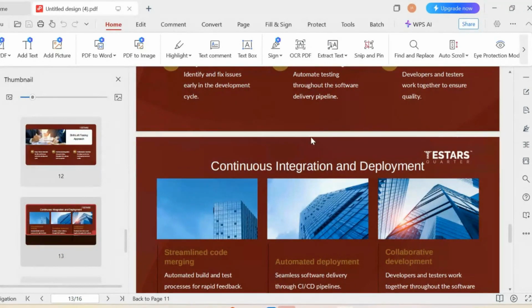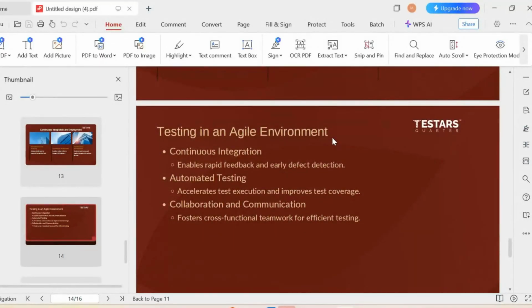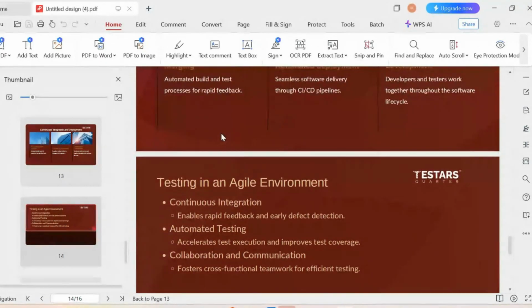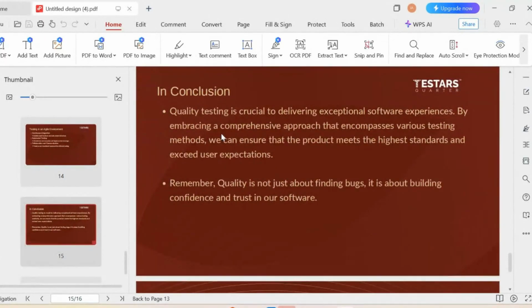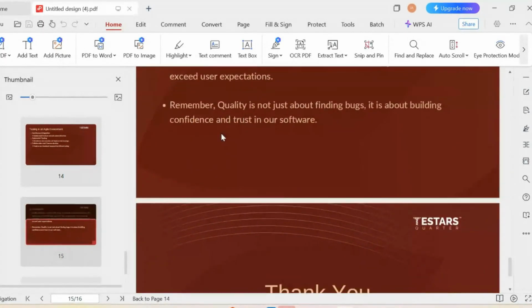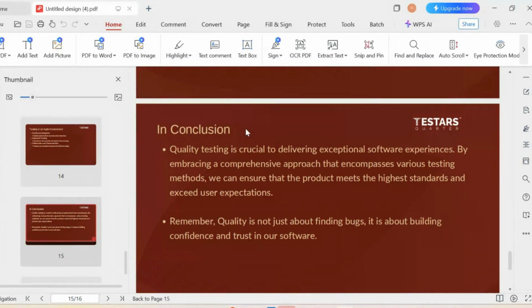If your customers or your end users are well satisfied with the product, that's the success of a product that has been tested. Yeah. So in conclusion, we need to embrace continuous testing, and we need to build a culture of quality as testers. Ensure that you are testing thoroughly.